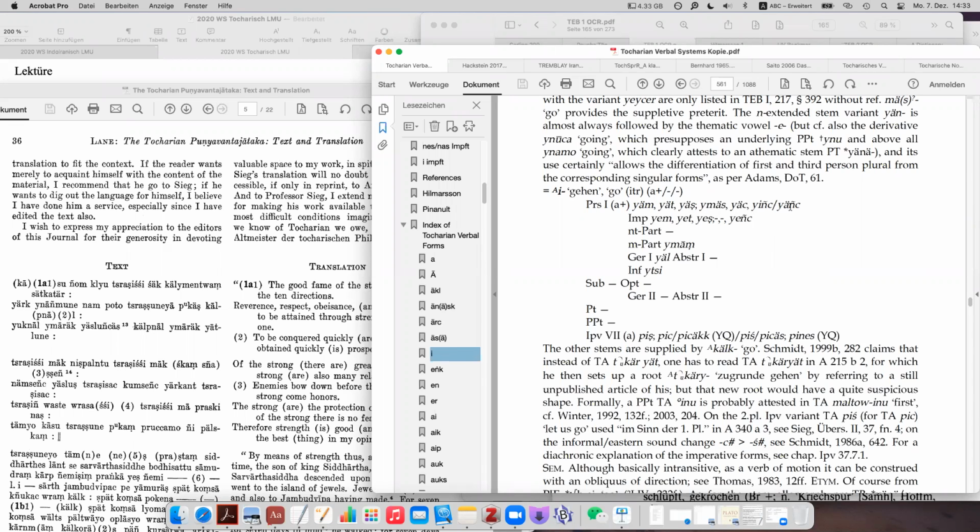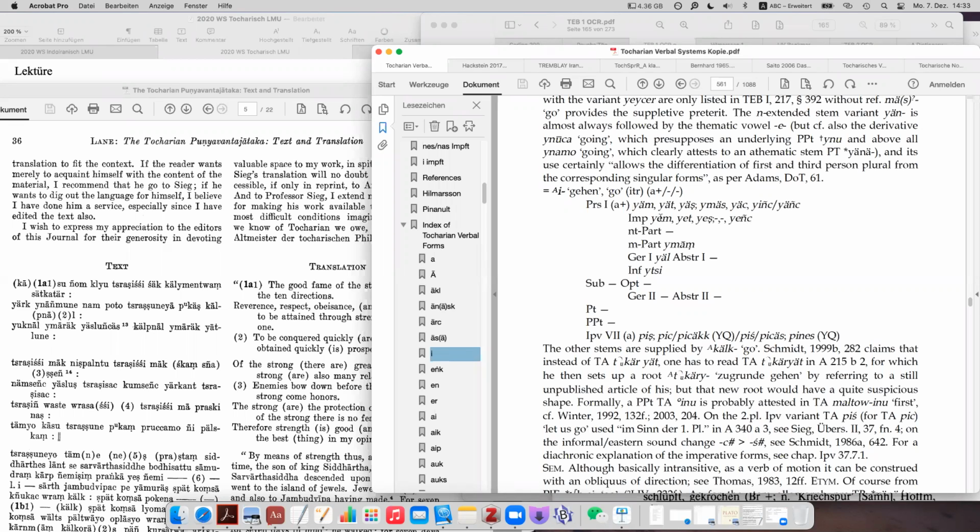So you always find the alternation of i into in, or beside the palatal context, i or y. And then this is the imperfect form: yem, yet, yesh. And the third person plural is yinch.